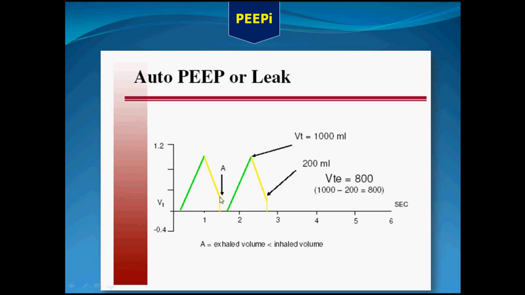This means that the expiratory tidal volume is less than the inspiratory tidal volume. This may be one of two: either it is an auto PEEP or a leak. If it is a leak, it will be persistent.